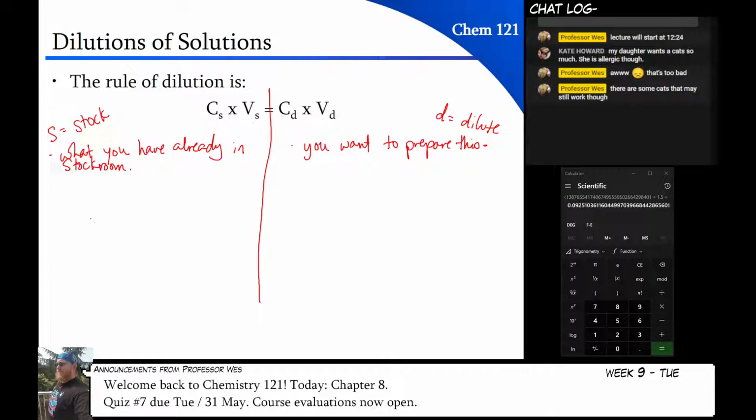Now, for each of these sides, you have a C term and a V term. So the C is going to be the concentration of your solution, and the V is going to be the volume that is used. Now, for the volume term, on the stock side of the equation, the volume used is going to be something you calculate and then determine.